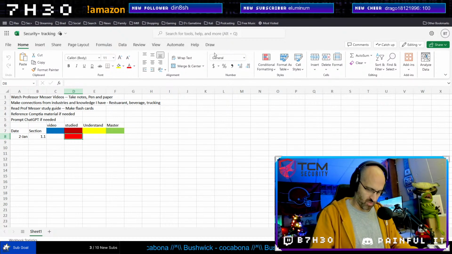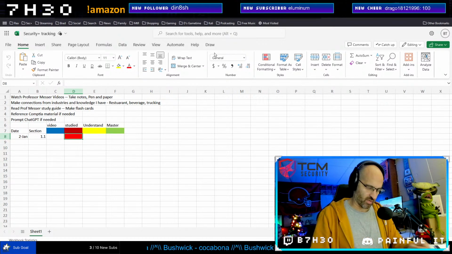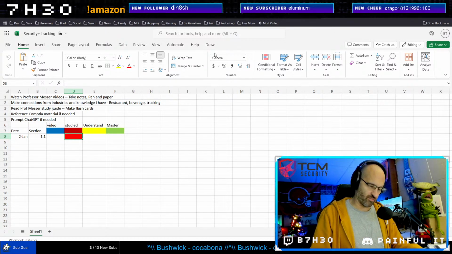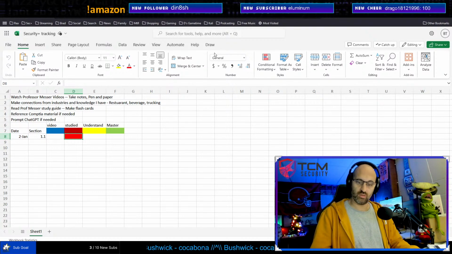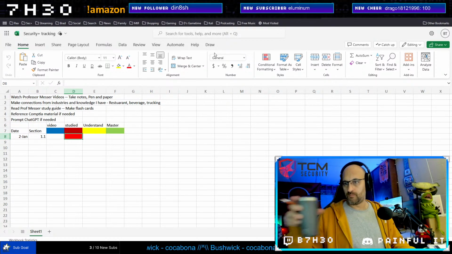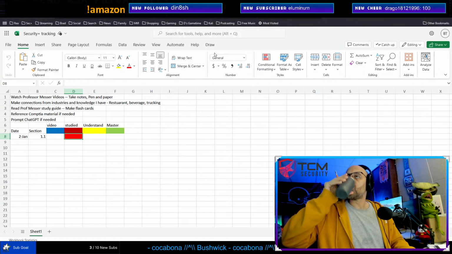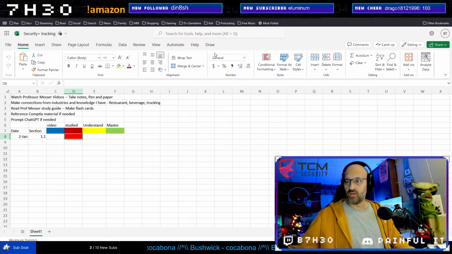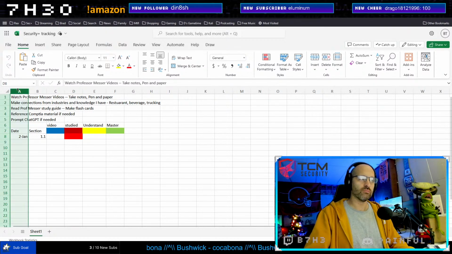Of control types, describe preventative. Give examples of each for control category: technical, managerial, operational, physical. Already forgot which one I was doing. Preventative.